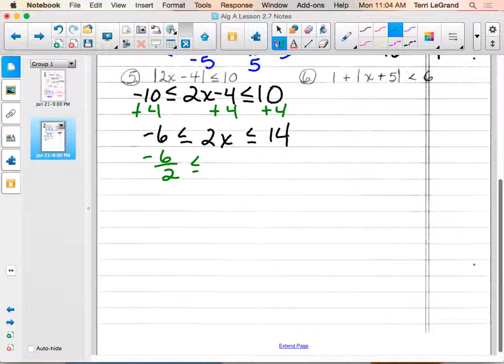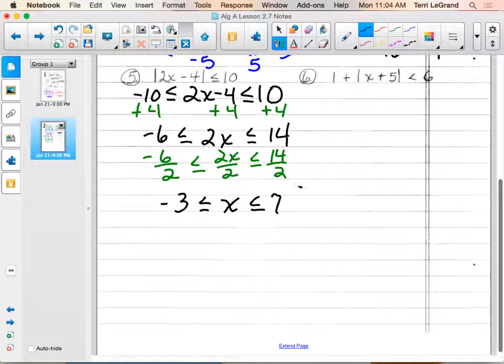So negative 6 gets divided by 2, our 2x gets divided by 2, and our 14 gets divided by 2. So, Michaela, read for me what our solution is. Negative 3 is less than or equal to x, that is less than or equal to 7. Okay, we're done solving, and we're ready to graph it.